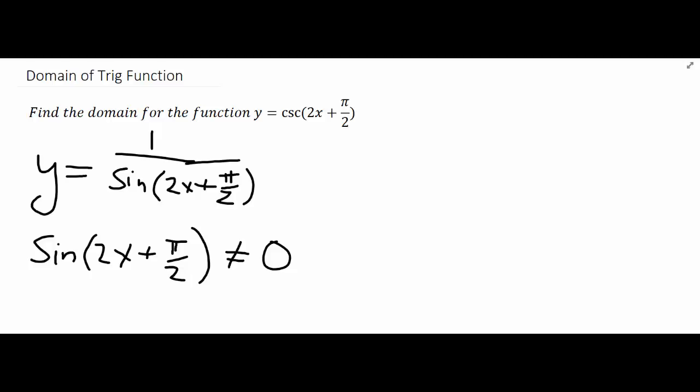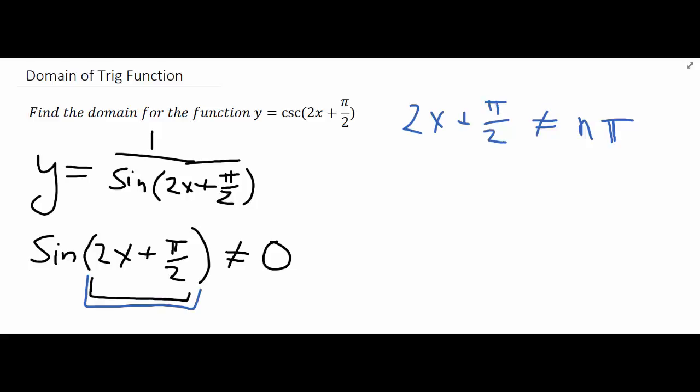So now, what values of angles will make sine be 0? Well, that occurs at all multiples of pi. So any n pi is where this expression would evaluate to 0. So we know that that can't equal 2x plus pi over 2.